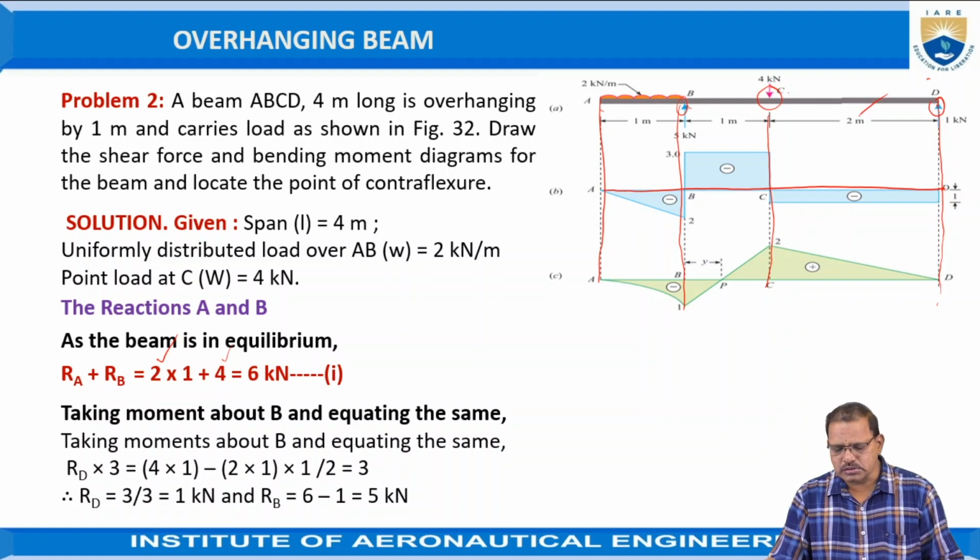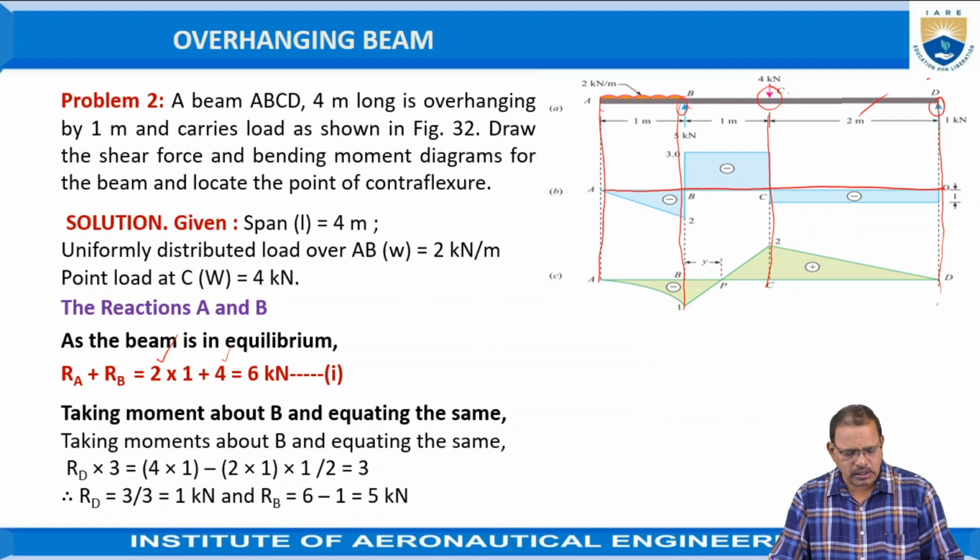The sum of the forces acting perpendicular to the axis of the beam should be equal to 0. The second equation is that the moments created by the forces at any point should be equal to 0. That's why we have taken the moments at point D.